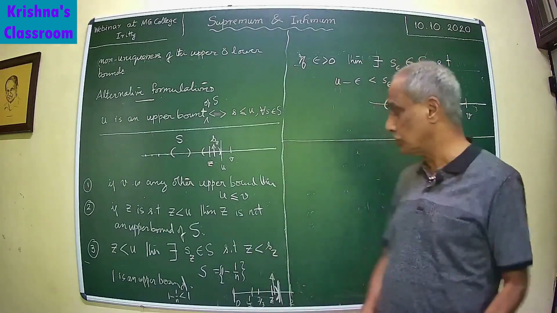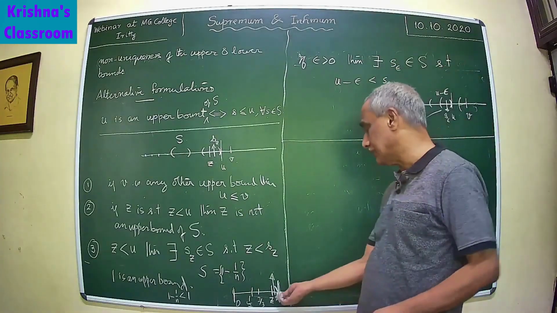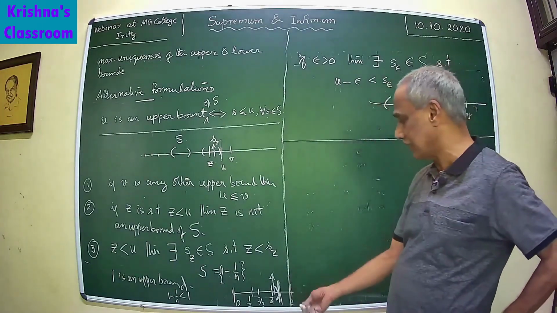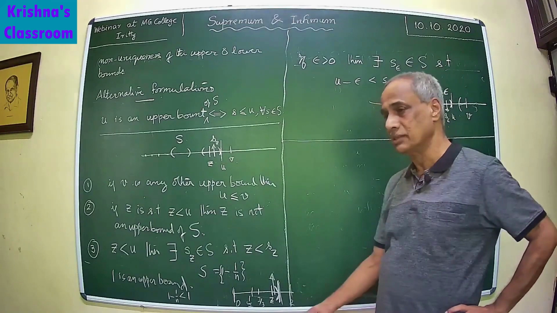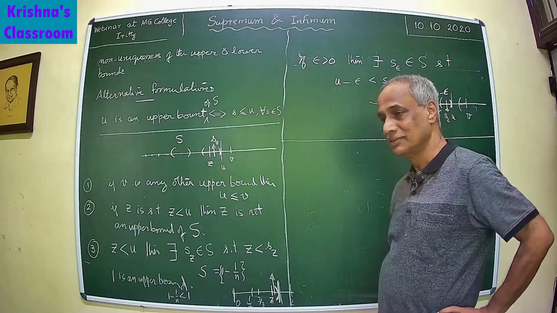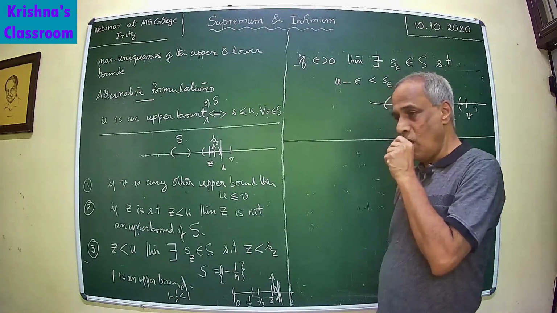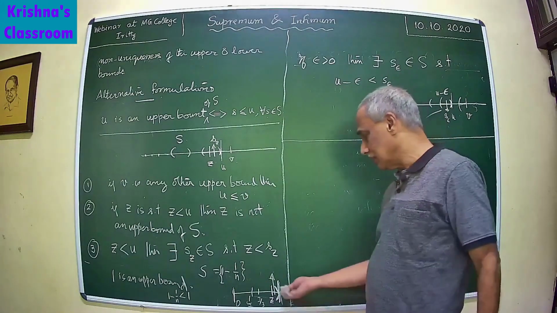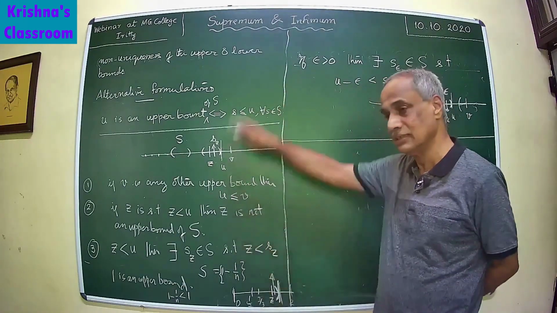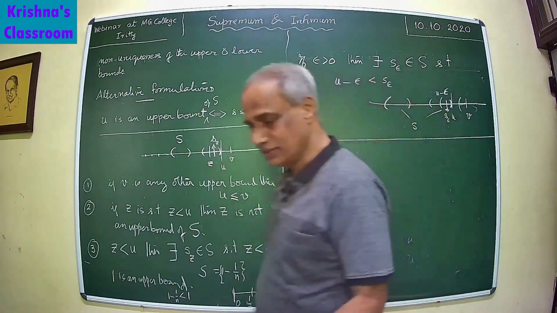Suppose, for instance, you say that here 1 is the supremum. It's not enough to just make a statement that 1 is the supremum, but you also have to prove that this is the least upper bound. So you have to verify the other things also. Okay.